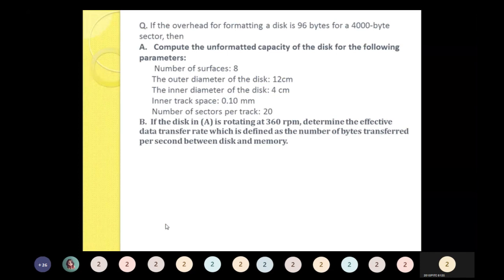So state the question clearly. The question is about the overhead of formatting a disk.